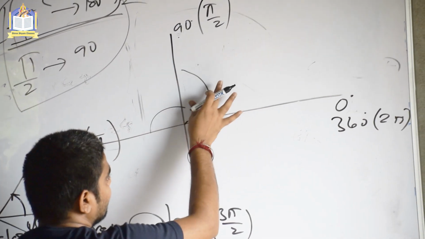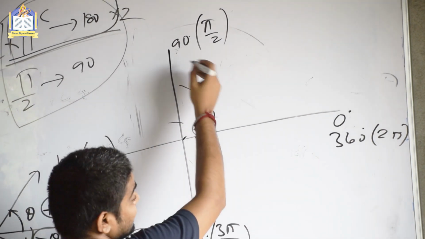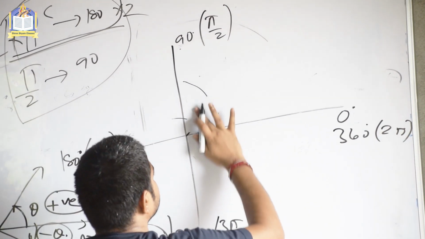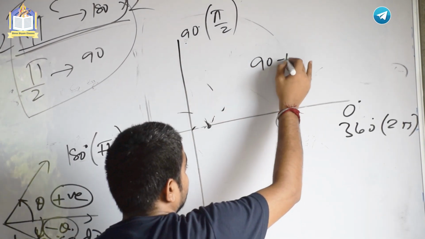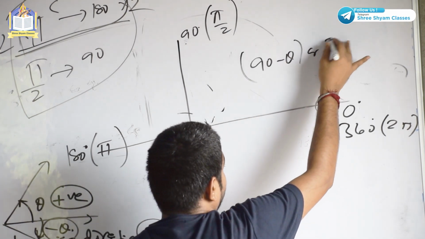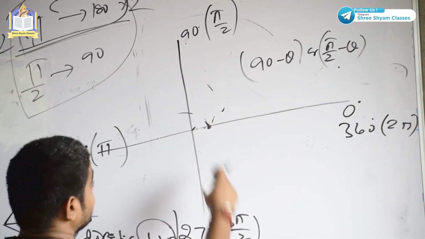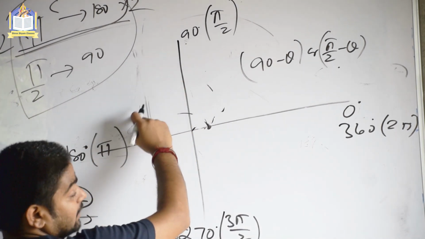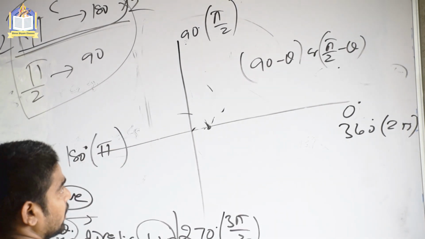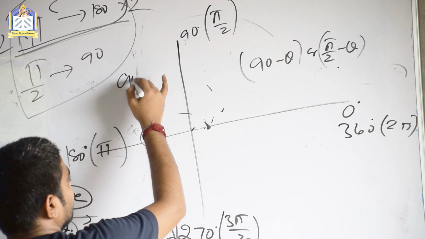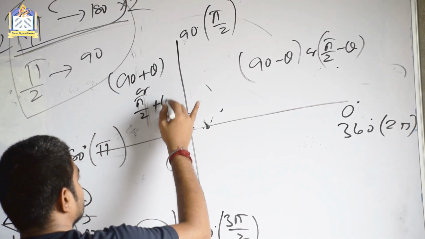This is pi by 2, so definitely this area will be less than 90 degree. If this is theta, this region is less than 90, so this is 90 minus theta, or pi by 2 minus theta. This area is more than 90 degree but less than 180 degree, so you can say 90 plus theta, or pi by 2 plus theta.